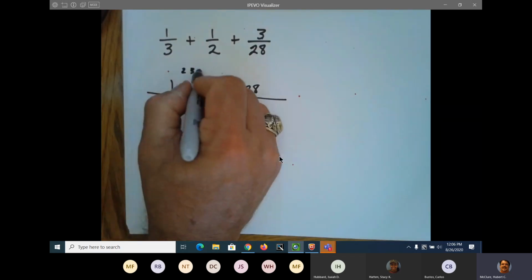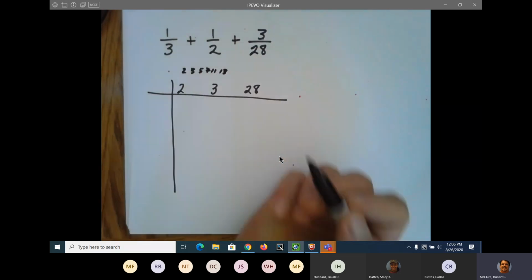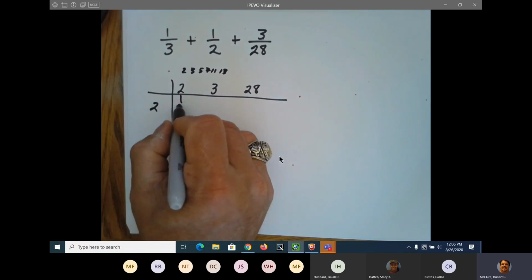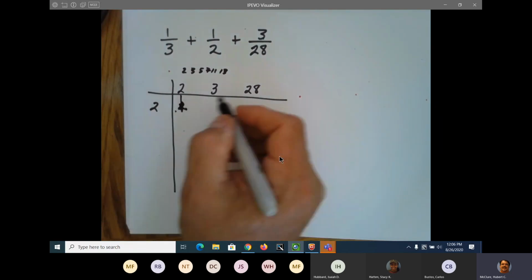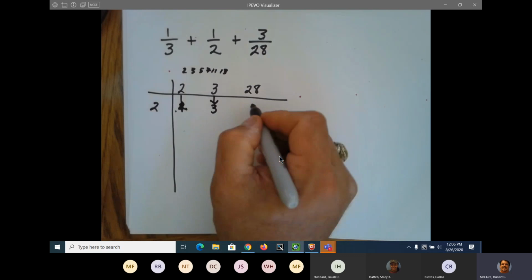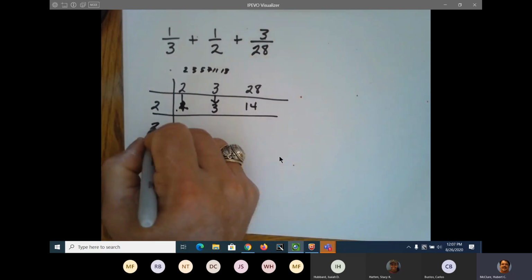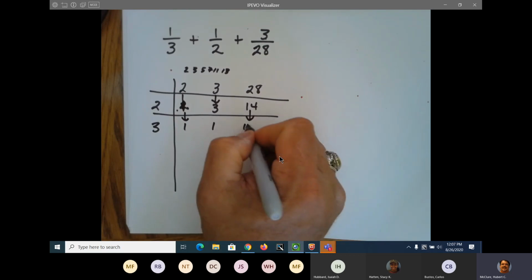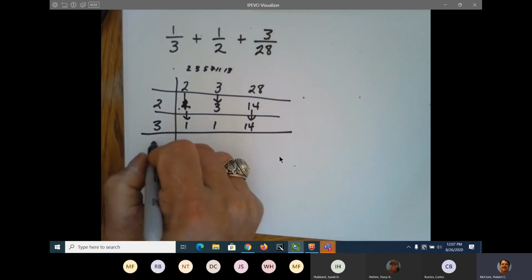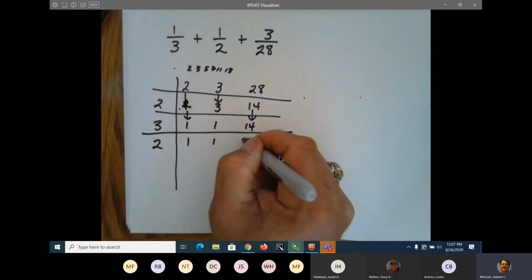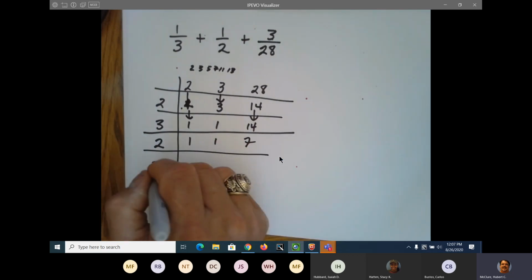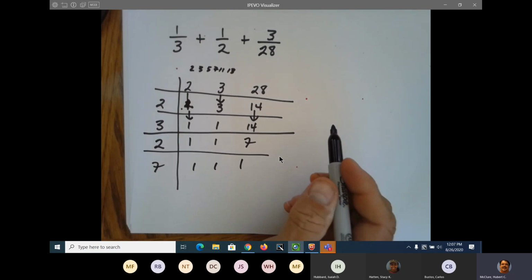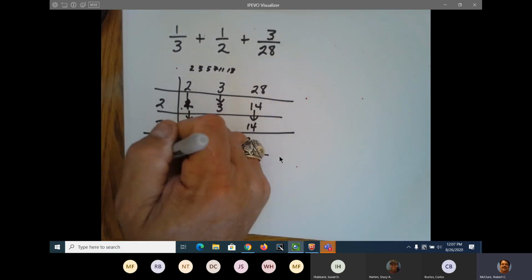And 2, 3, 5, 7, 11, and sometimes 13. 2, that'll come down as a 1. 1, that'll come down as a 3, and that'll be a 14. 3, that'll come down as a 1, that'll be a 1, that'll come down as a 14. 2, 1, 1, 7, 7, 1, 1, 1. Okay, so I got 4 times 7 is 28, and let's see, that's 28, I'm making sure.